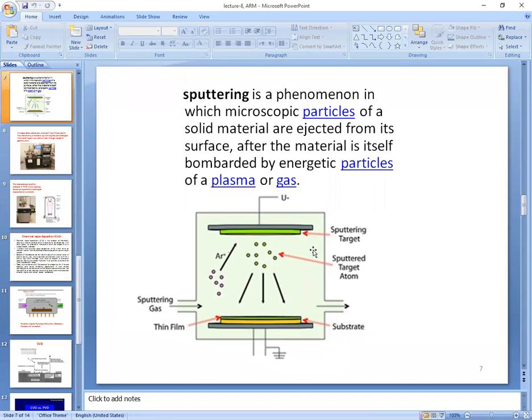This is a schematic diagram in which this is the substrate. You can see the yellow color substrate, and the green color is the coating material. Here is a sputtering gas, which is actually argon, and this argon is bombarded on this sputtering target, and the ions are ejected from this target material.